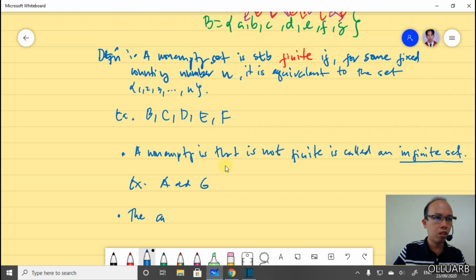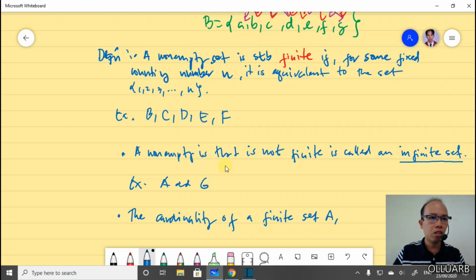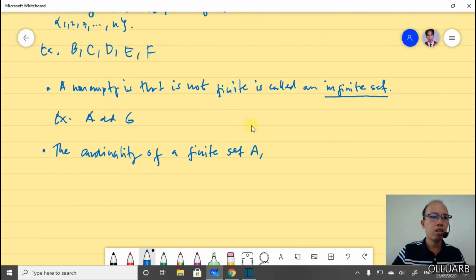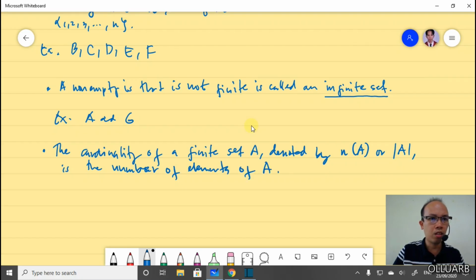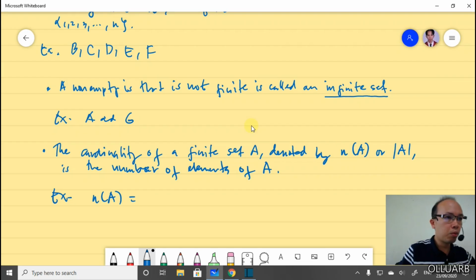The cardinality of a finite set A, denoted by n of A (some other books write it as the absolute value of A), is the number of elements of the set A. So for example, n of A: since A, in the previous example, is an infinite set, we write the infinity sign.